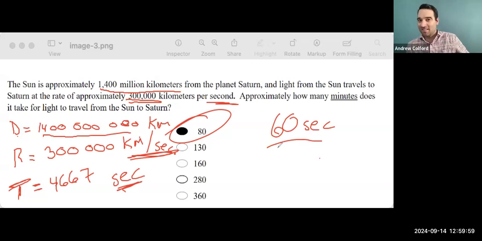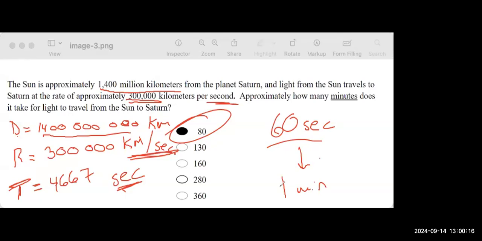How many minutes is 60 seconds? 1. And so to get from 60 to 1, did I divide or multiply? Oh, yeah, you divided. Yes.